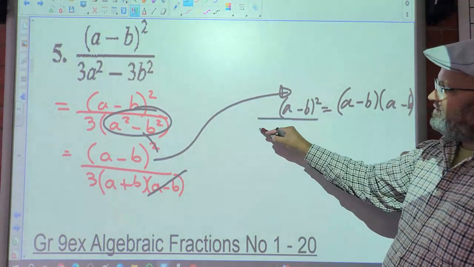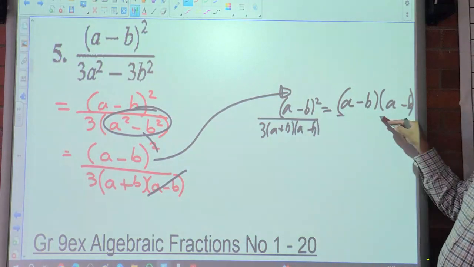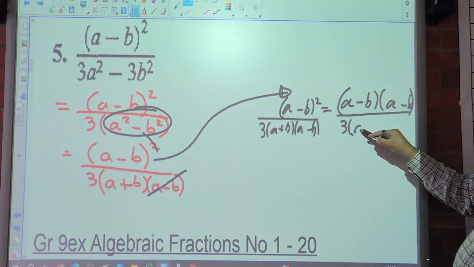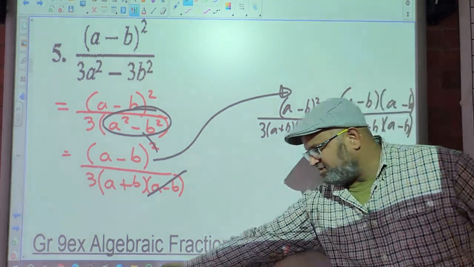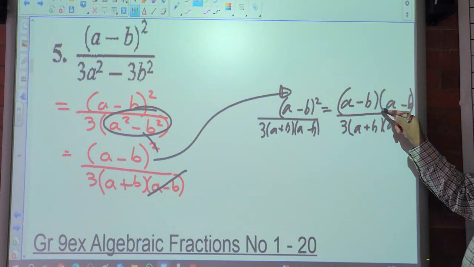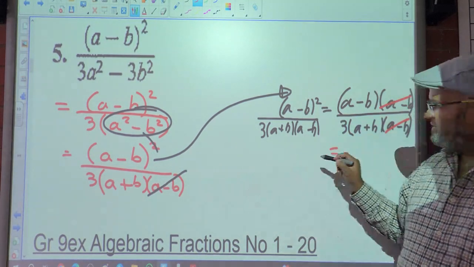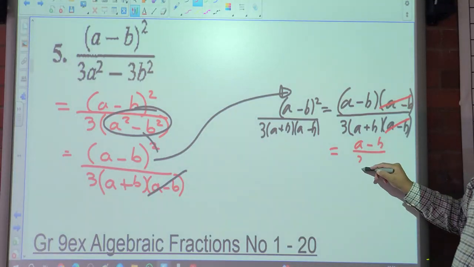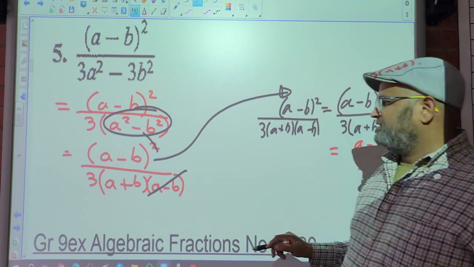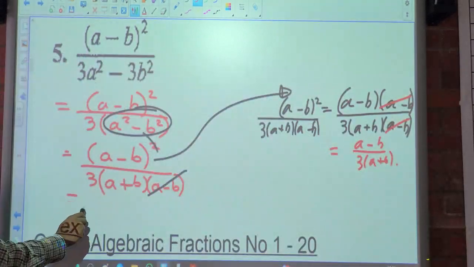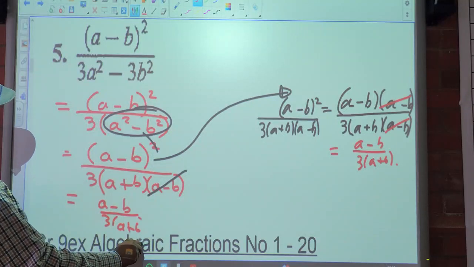So if that was over 3 into a plus b, a minus b, which then, in turn, cancel, leaves you with a minus b over 3 into a plus b. You guys see that? So let's cancel that. Gives you a minus b over 3 into a plus b.